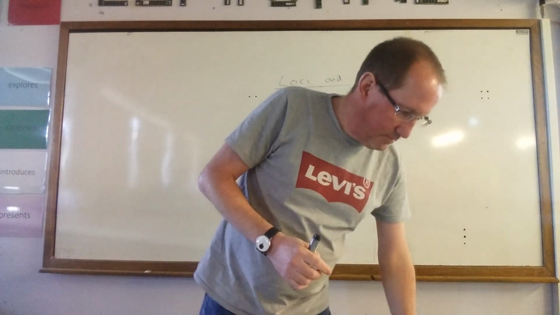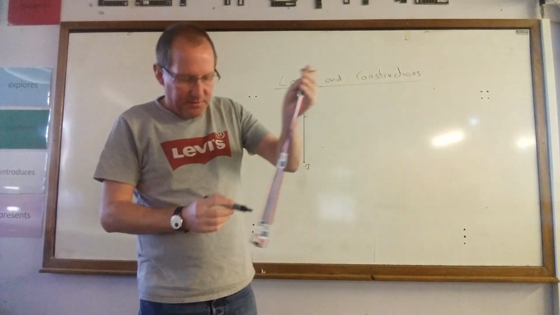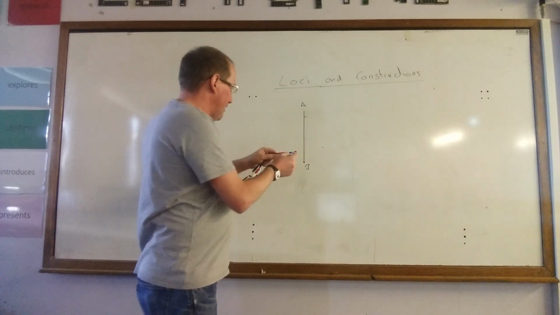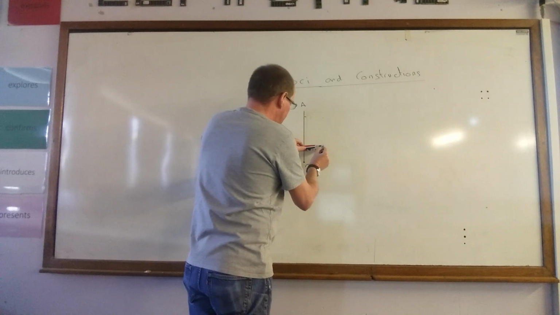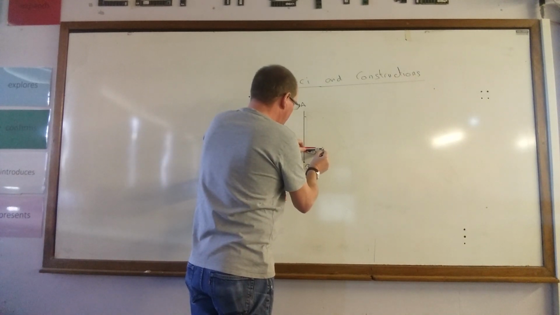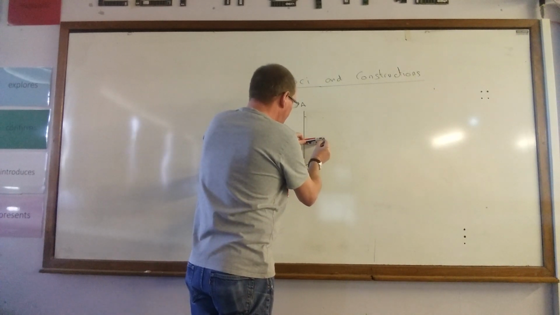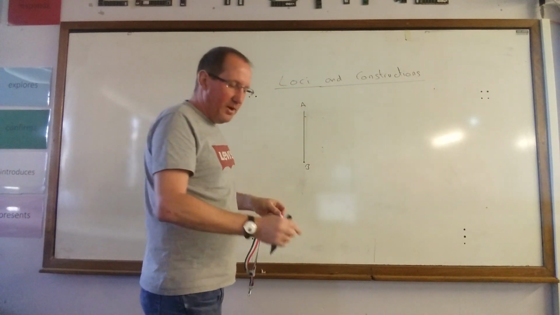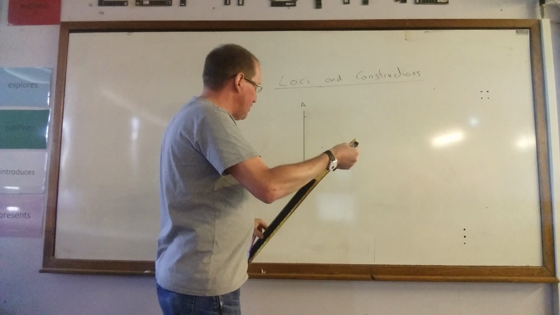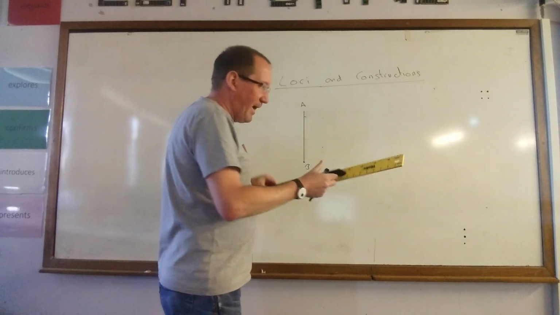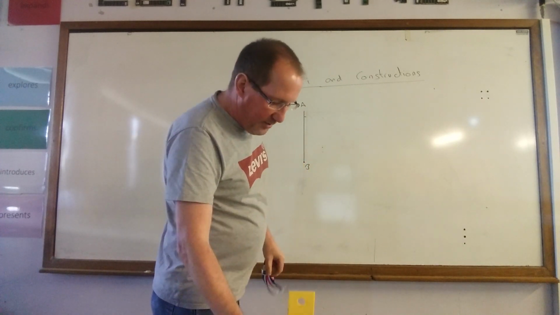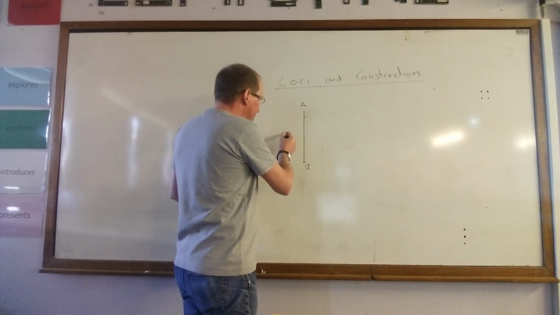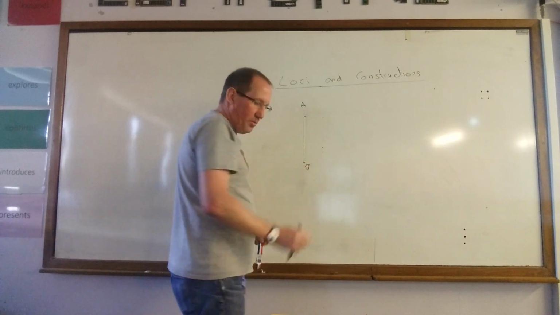Alternatively, if you want to be really, really safe, you could get your compass and set that to 3 centimetres and mark various points along here, whichever you find more accurate and easier. But if you're going to use a ruler, you've got to make sure you're going away at a right angle to get 3 centimetres. So that's all the points down here, and you'll have the same points on the other side over here, 3 centimetres away.